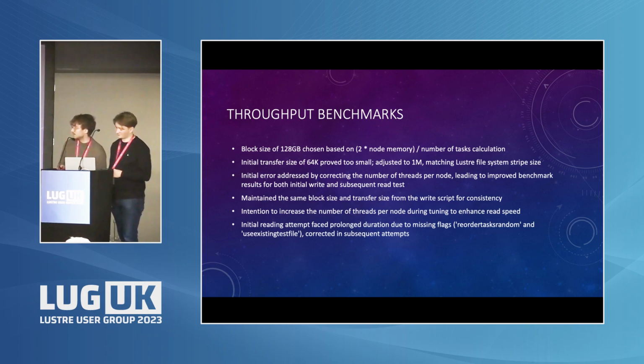Part of our methodology was maintaining some constants so that we had some consistency, so that we knew what we were changing was actually helping us or hindering us. Our tests were meant to run over 300 seconds, to tell us that we'd actually done some decent throughput, but quite a lot of them were way too long or way too short due to some missing flags, so that took up quite a lot of our time.